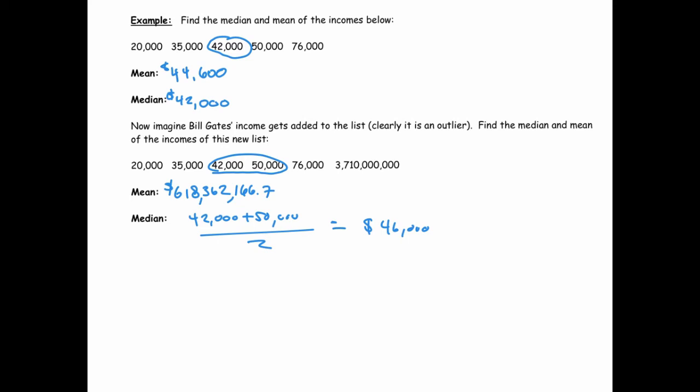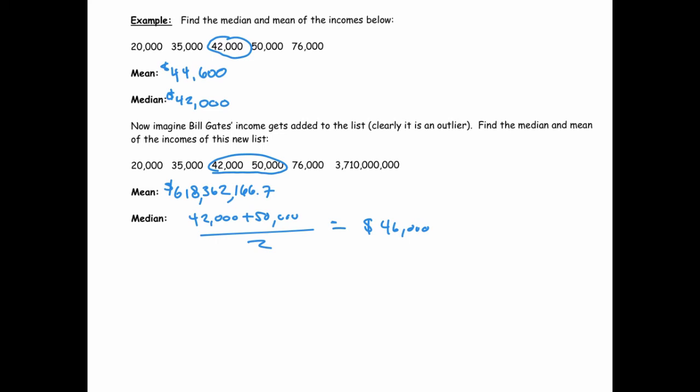Well, it really depends. Not necessarily. It could be that all 6 of them are very wealthy, and that 618 million is a true representative of those incomes. But as we've seen, it could be that you just have 5 average people who make moderate incomes, but then Bill Gates is also in the mix, and when he gets added, he completely distorts the mean.